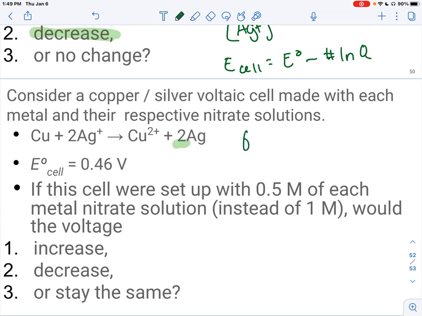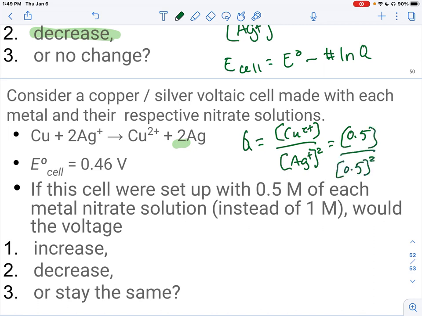So our Q number, if you put 0.5 in both of them, doesn't come out to be 1. It comes out to be 2. So the voltage is going to decrease. All right, so be careful about that. It doesn't automatically mean that when you have the same molarity, you're going to have the same voltage.